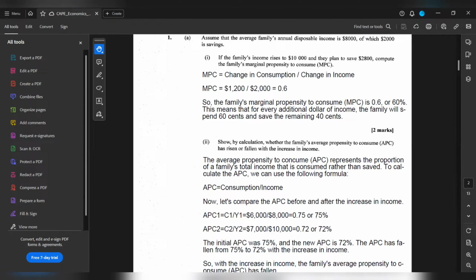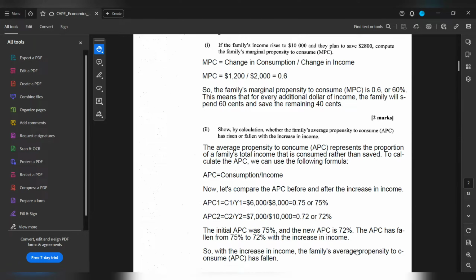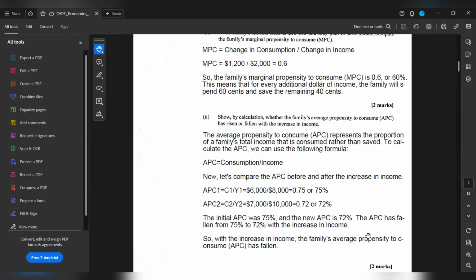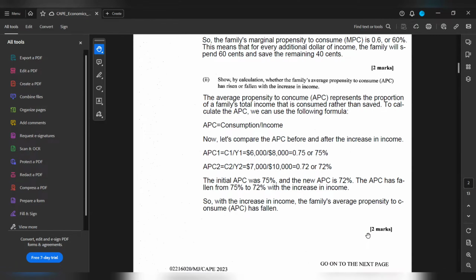The initial APC was 75% and the new APC is 72%. The APC has fallen from 75% to 72% with the increase in income. So with the increase in income, the family's average propensity to consume, APC, has fallen. That is for 2 marks.